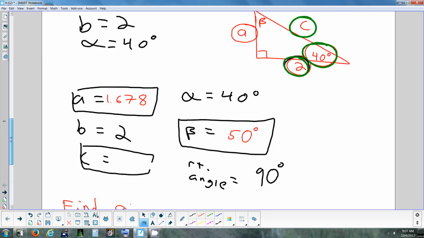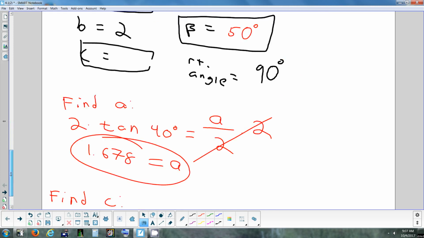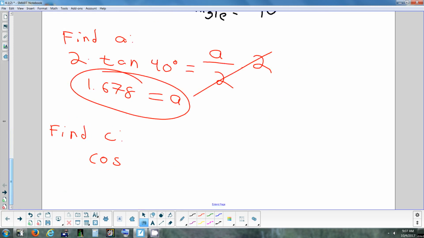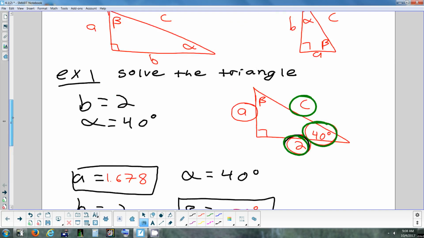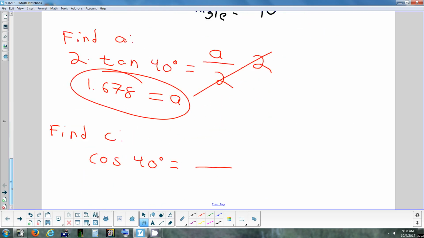Okay, so now we'll find C. So it's the cosine of, Ryan, what's my angle? 40, yep. It's always the cosine of your angle, equals adjacent over hypotenuse. So Cameron, what side is adjacent to 40? 2. And what side is the hypotenuse? C.